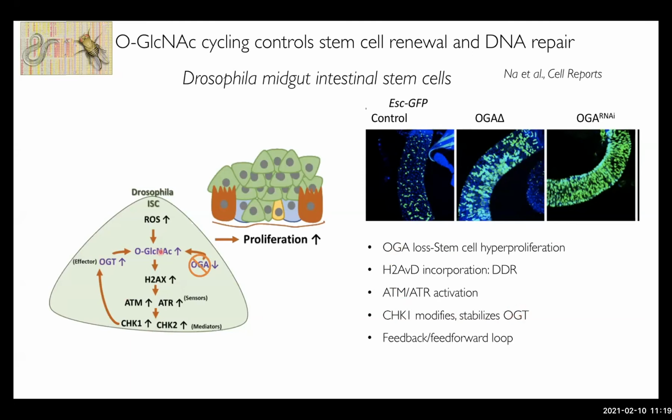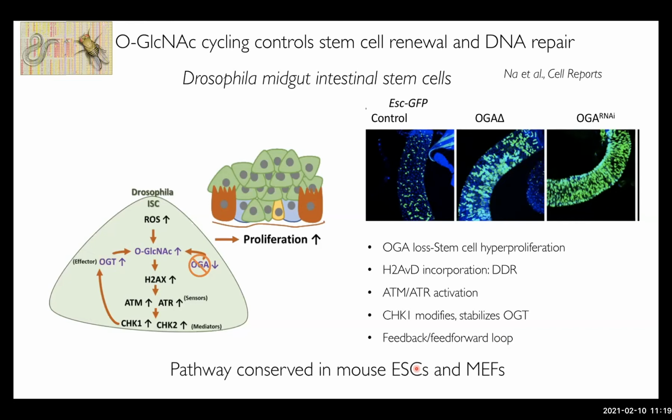So this leads to a kind of vicious circle feedback loop in the stem cells, driving DNA damage and driving DNA damage repair through inactivation of this simple homeostatic regulator. And we think there's a feedback feed-forward loop regulating this.